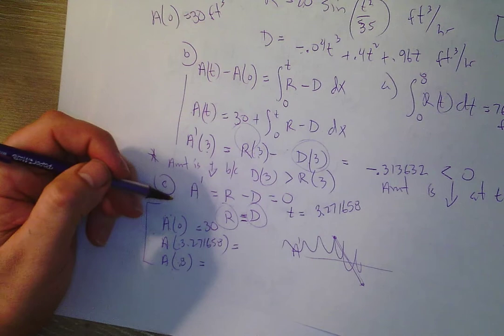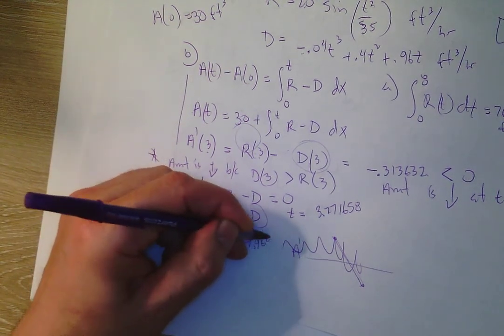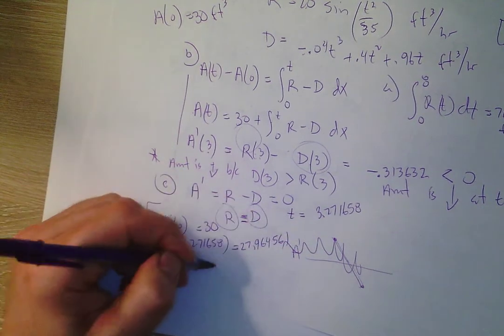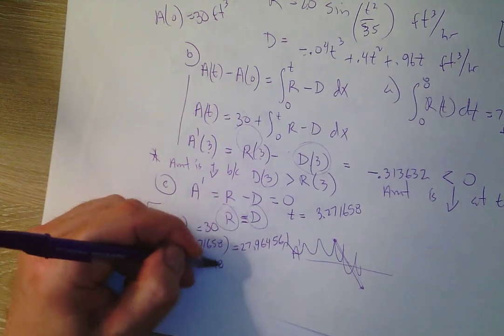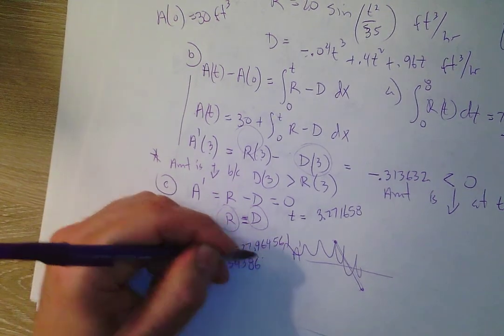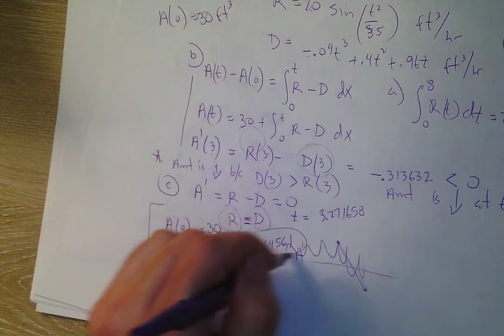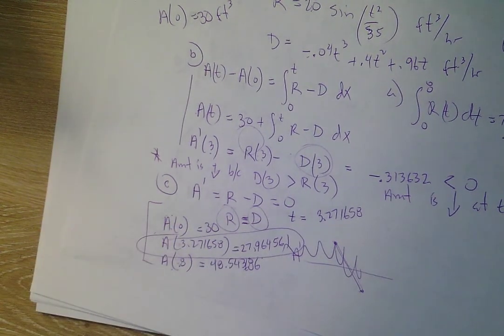But I had to use my calculator to figure out that this was 27.964561, and that this was 686. So the amount is a minimum at that time.